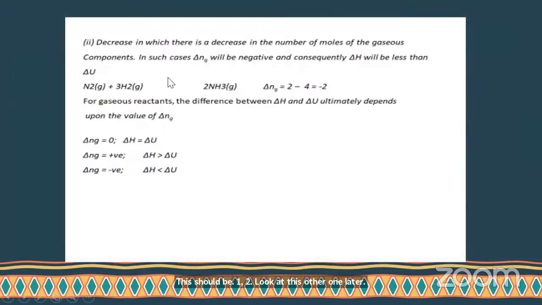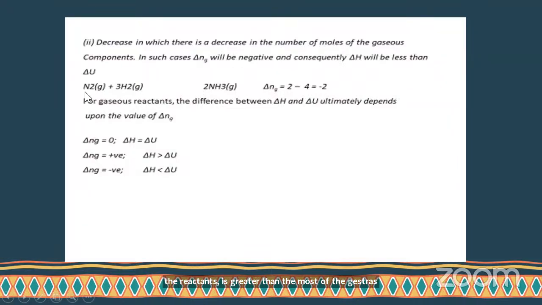There is also a possibility of a difference between the enthalpy change and the internal energy change when there is a decrease in the number of moles of the gaseous components. When there is a decrease, the change in enthalpy is less than the change in internal energy, such that the moles of the gaseous components of the reactants is greater than the moles of the gaseous components of the product.